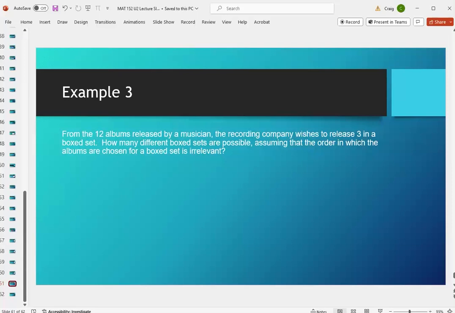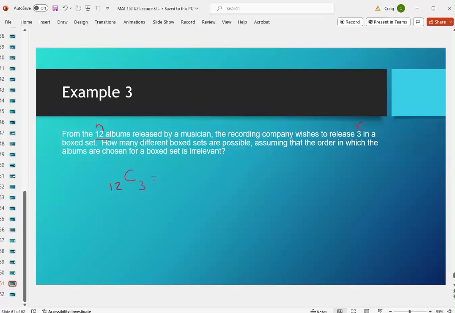Once you ship it off, those 3 albums are there. It doesn't matter how they wind up in the box, it doesn't matter their order in the box. And so if the order doesn't matter, we would use combinations. The total we have is n, and we're going to be choosing 3.